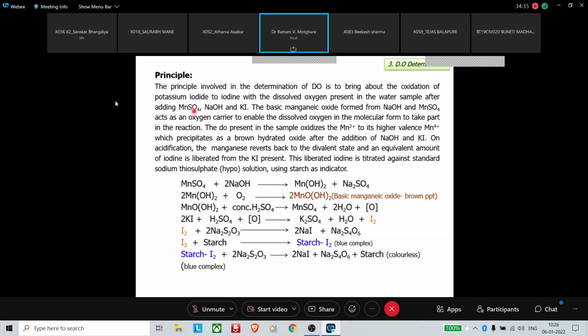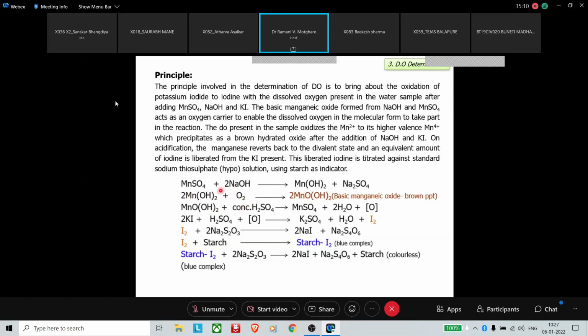The basic manganic oxide formed from NaOH and MnSO4 acts as the oxygen carrier to enable the dissolved oxygen in the molecular form to take part in the reaction. The role of manganese hydroxide is to trap this dissolved molecular oxygen.